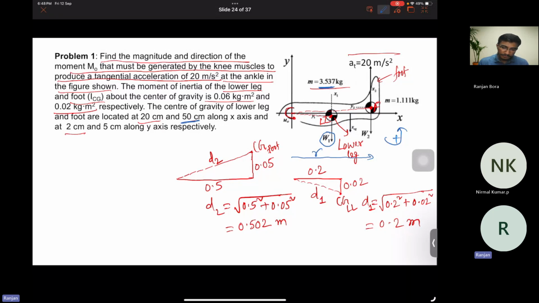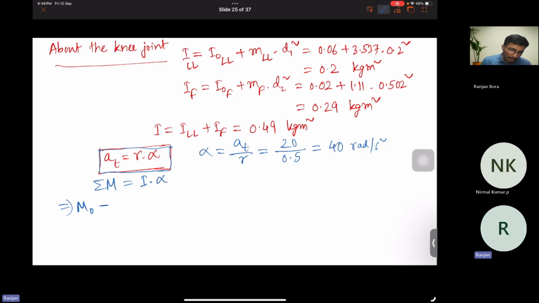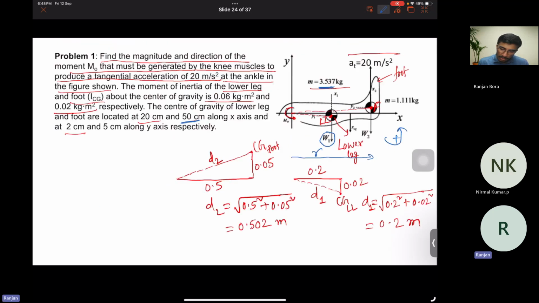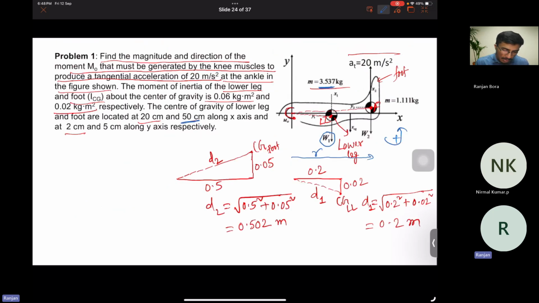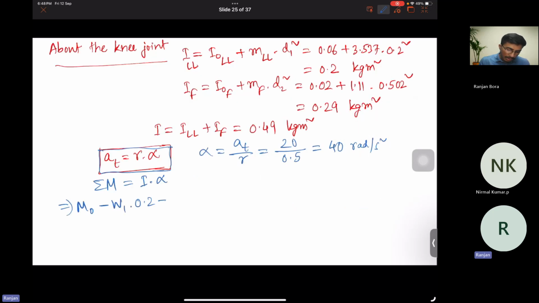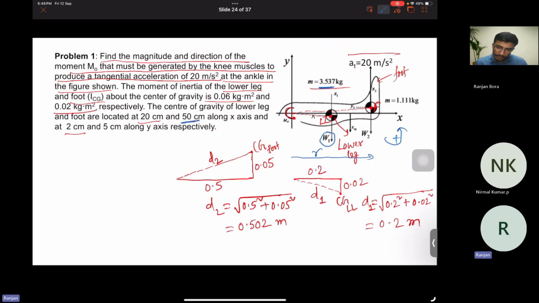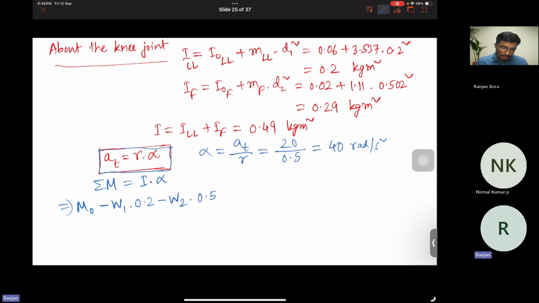So it is M naught minus W1 dot this distance 0.2, and minus W2 dot 0.5, because W2 will also produce moment in the clockwise direction, and this will be equal to I dot alpha.